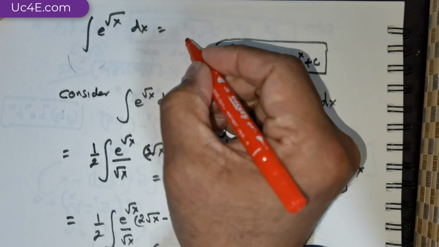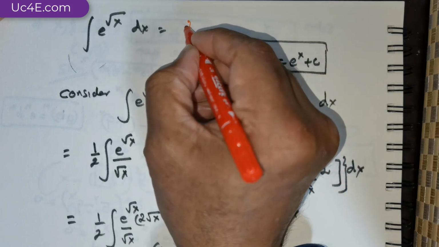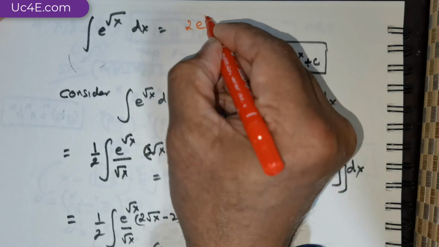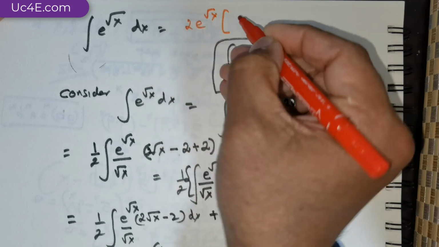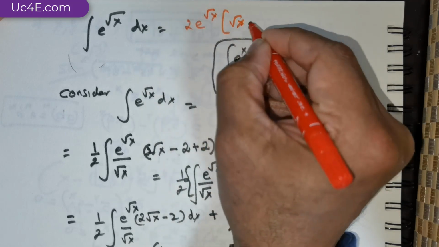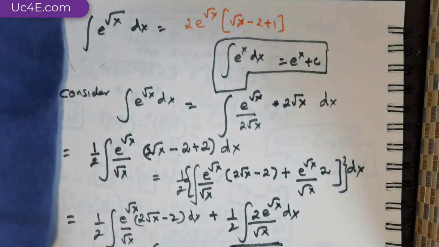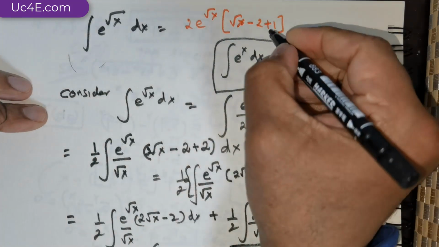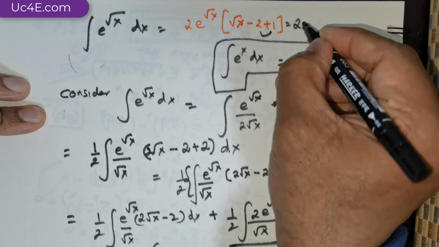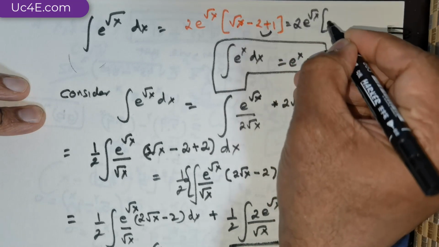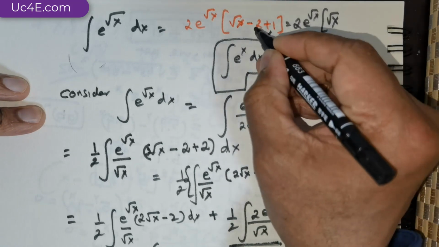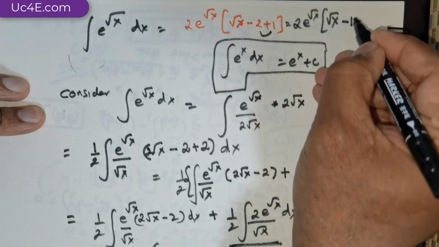So let me write the final solution: 2 times e raised to the power of root x times root of x minus 2 plus 1. Now clearly you can see that minus 2 and plus 1 can be added, giving me minus 1.